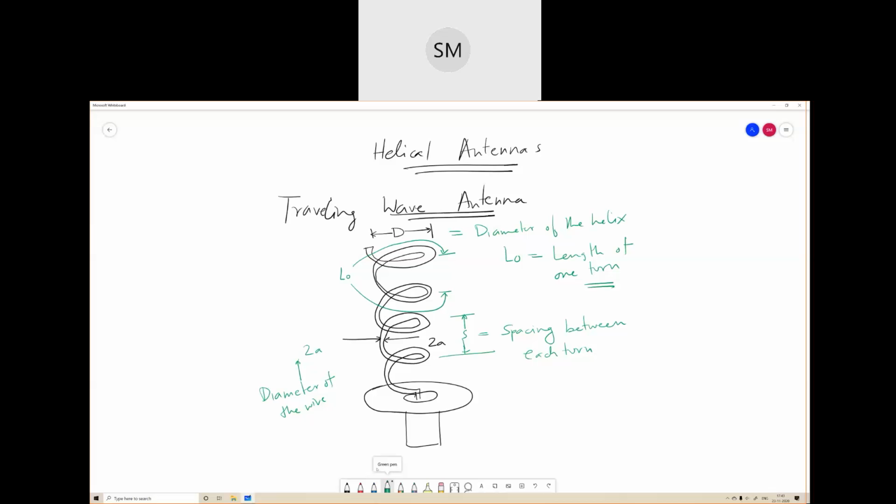The structure below the antenna is a ground plane. Thank you, I missed it. And below that is the feed. We are not going to use the feed.